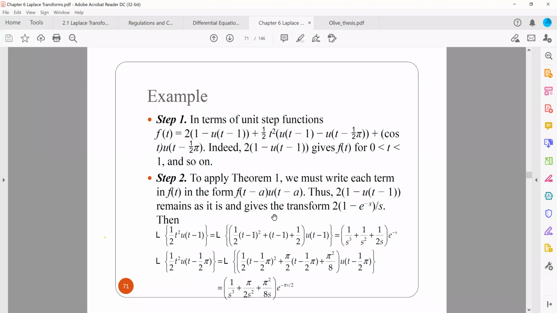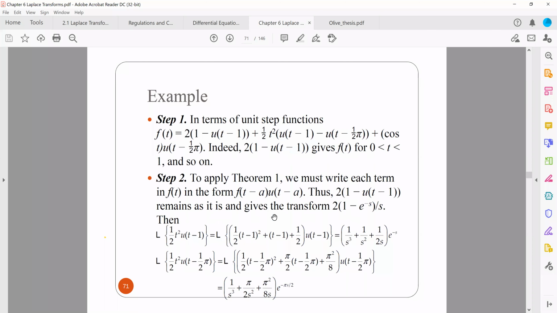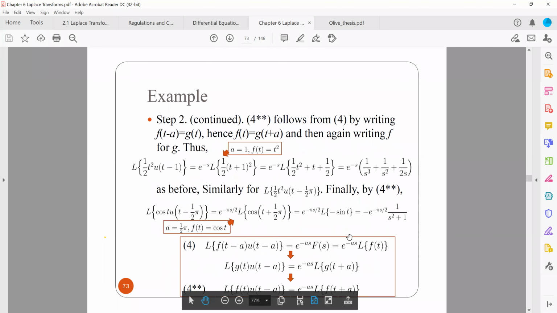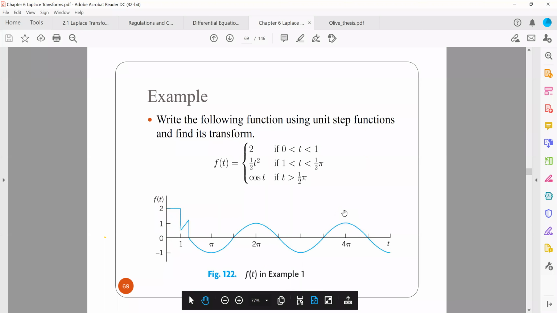And lastly, the cos t is the one for anything greater than half pi. So it's multiplied just by u(t minus half pi), because it goes on. There's no subtraction for cos t, because it continues on up to wherever the function stops.